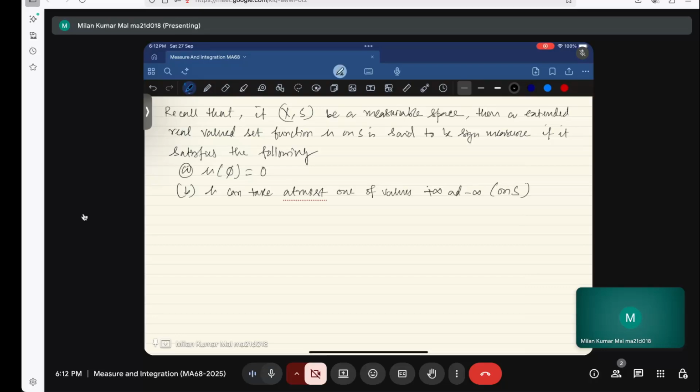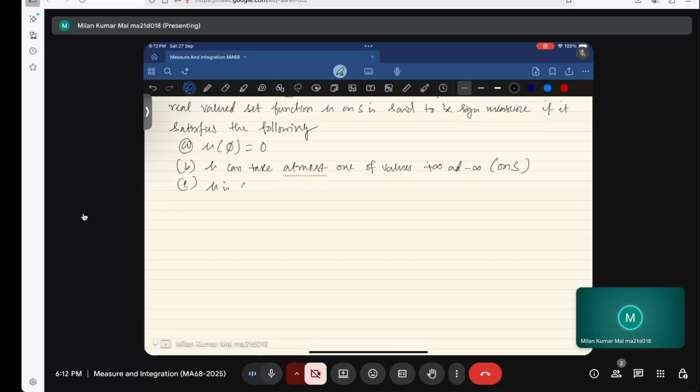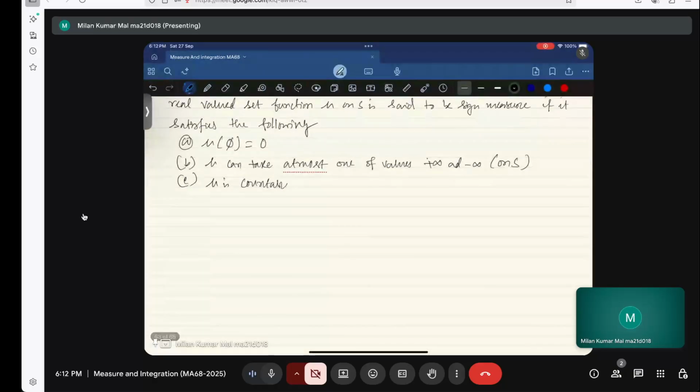And third condition is that mu is countably additive, or disjoint additive, which means countably additive. So these are the three conditions.